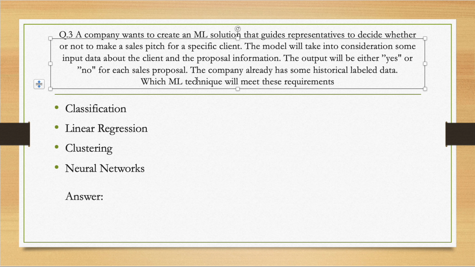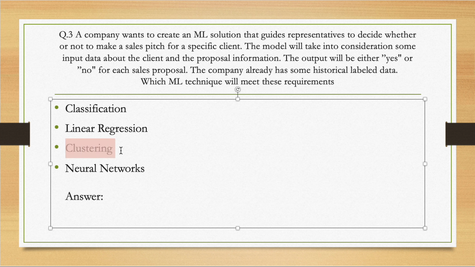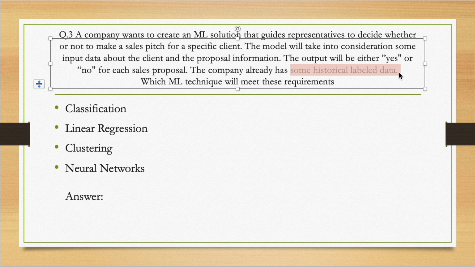Now you would be aware of supervised and unsupervised learning methods. Supervised learning basically uses a labeled data set. Unsupervised learning basically uses an unlabeled data set. So if you're aware of this, you would also be aware that clustering is the unsupervised type of learning. It uses unlabeled data. So this option can be directly eliminated because here we are talking about a labeled data set.